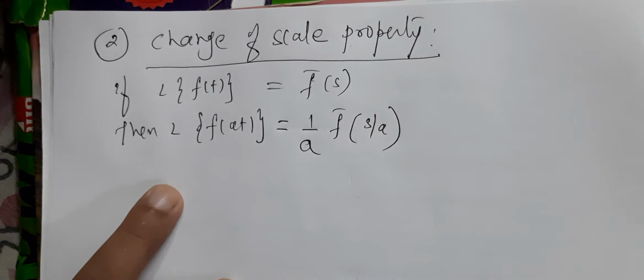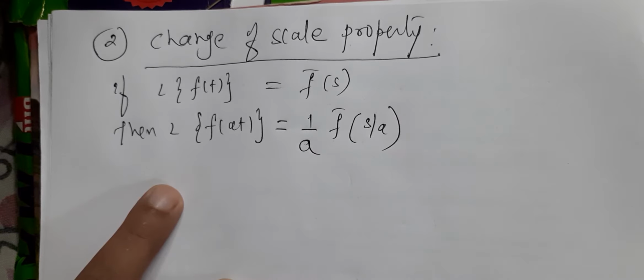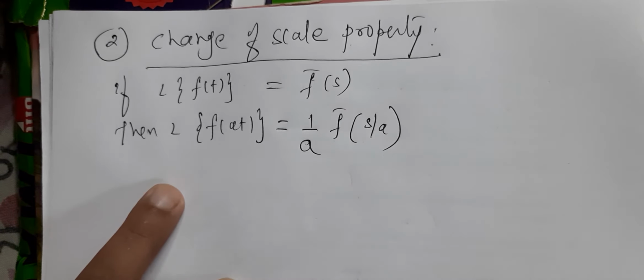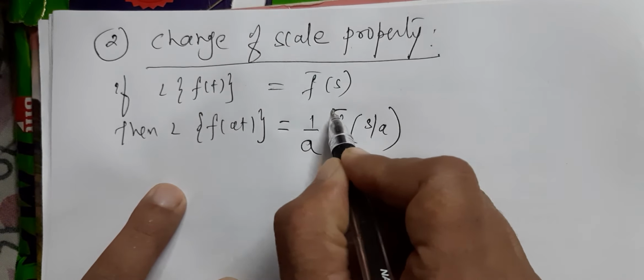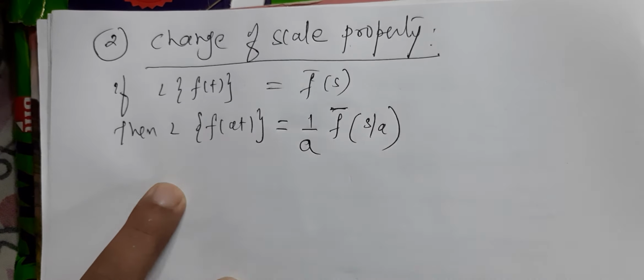Just understand what I have written. I will explain you immediately. This is change of scale property: L of f of at is f bar at s upon a into 1 by a.